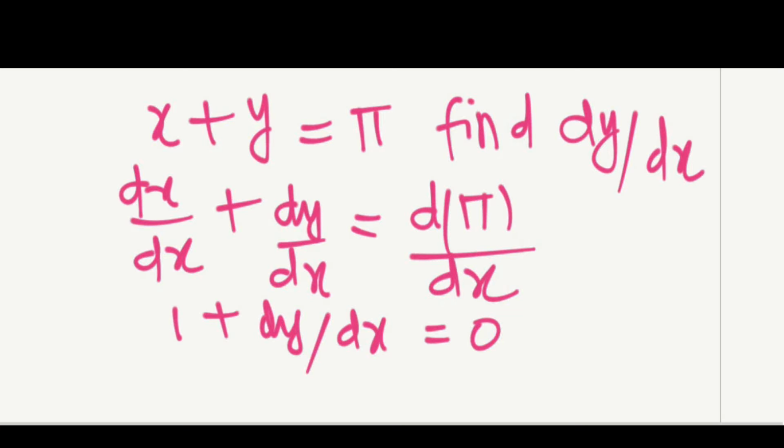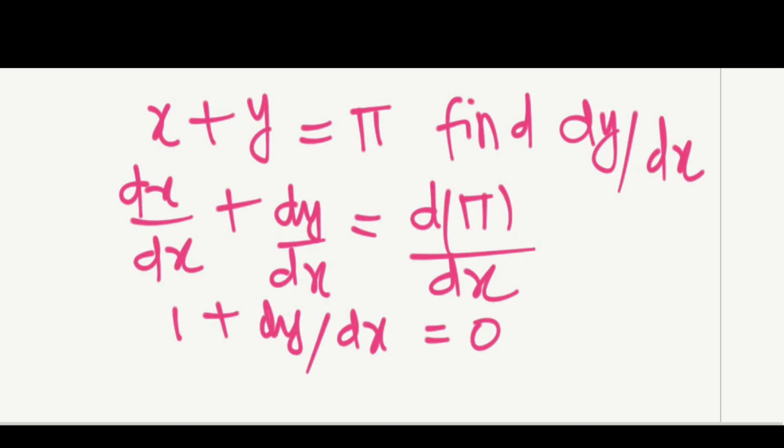For such questions in which no one particular formula is used, we use the implicit method in which we differentiate the left hand side and the right hand side with respect to the required variable. Now here we need to find the derivative with respect to x. Just note, the derivative is with respect to x, so on both sides you will differentiate with respect to x.